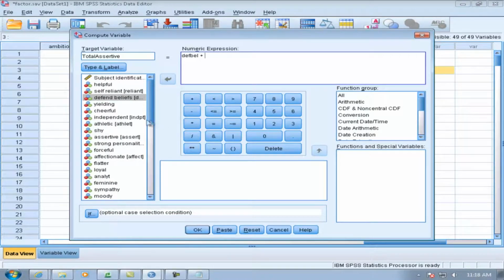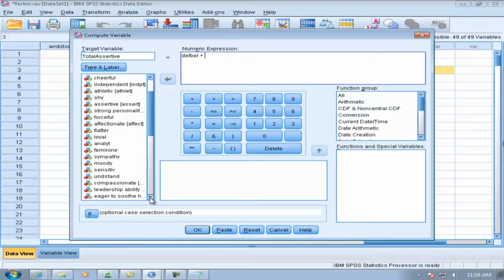Now then, we need to go to something. Well, because if there's a negative, I got to do the negative. I got to go back to the one that's recoded. Assertive. I'll back up. Oh, here it is. This one.